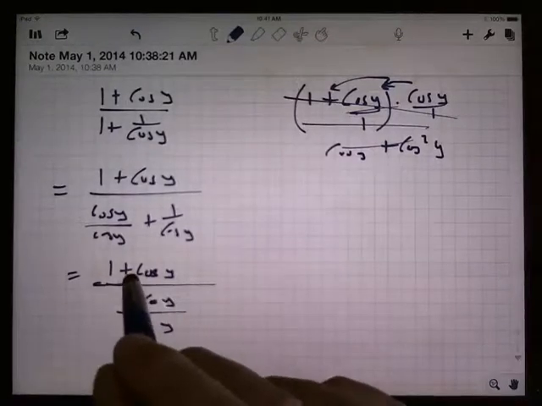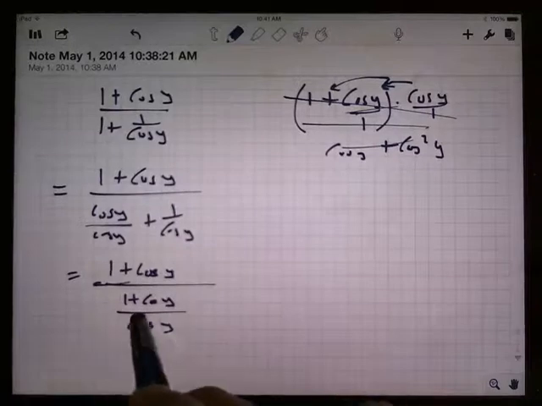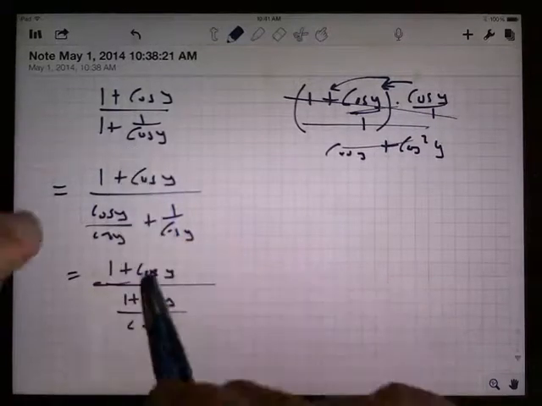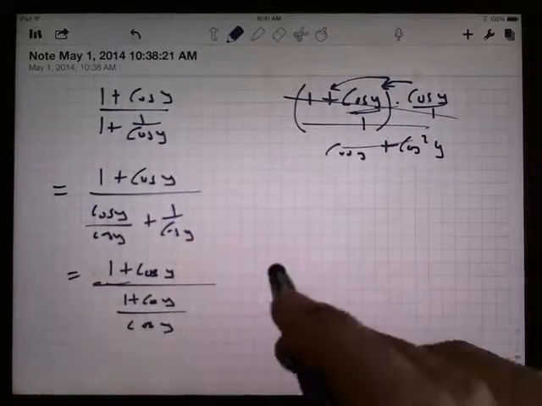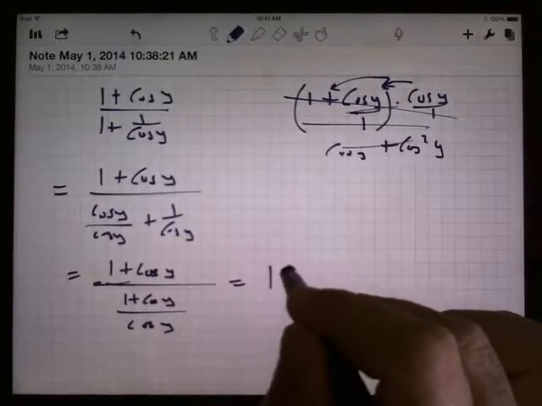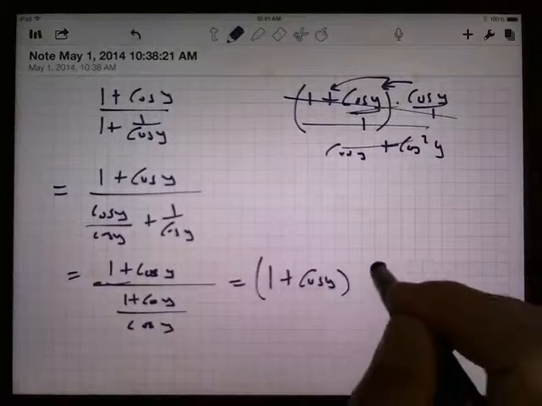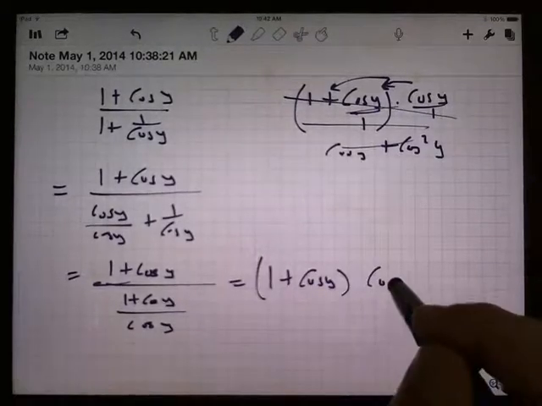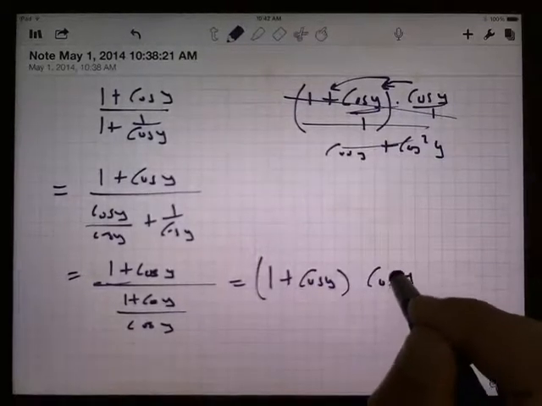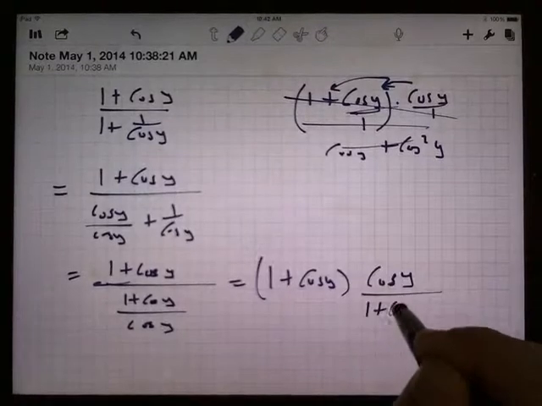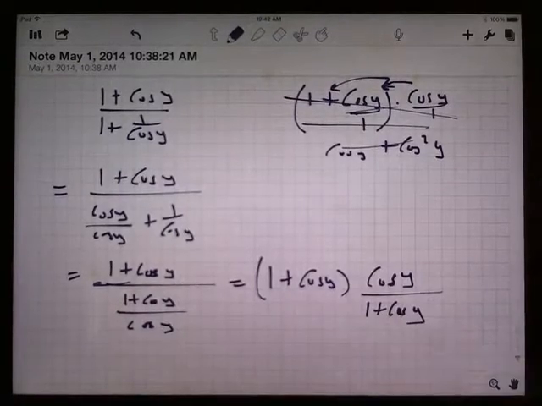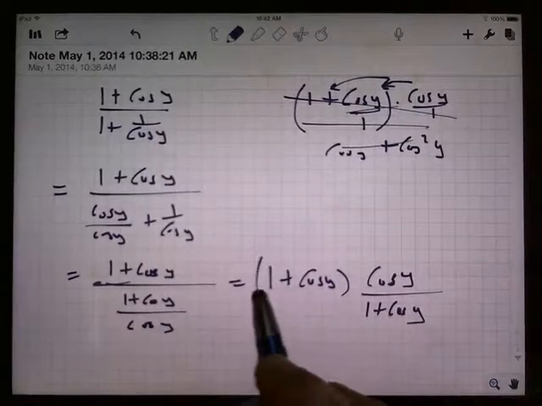So now I have that original numerator divided by this fraction. It's not a sum of two things anymore, it's just divided by this fraction. So now I really can say this is the numerator times the reciprocal of that fraction that I'm dividing by. I have to do the whole thing times that.